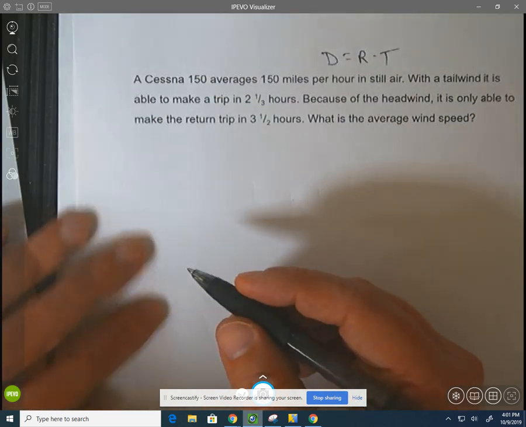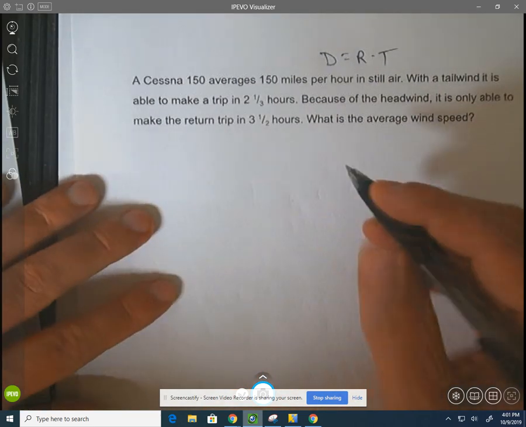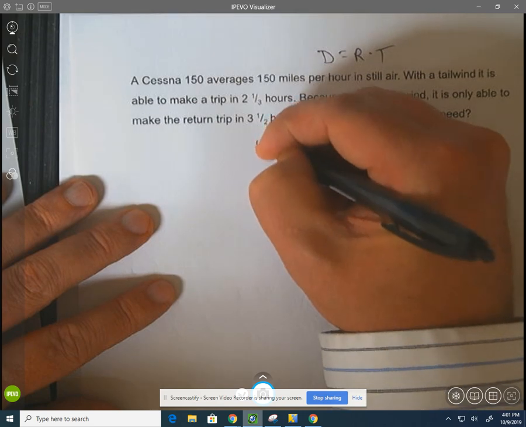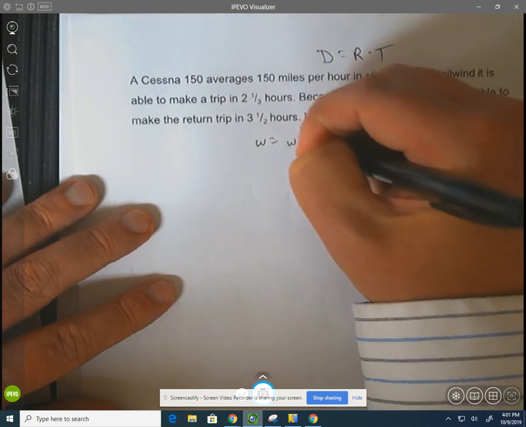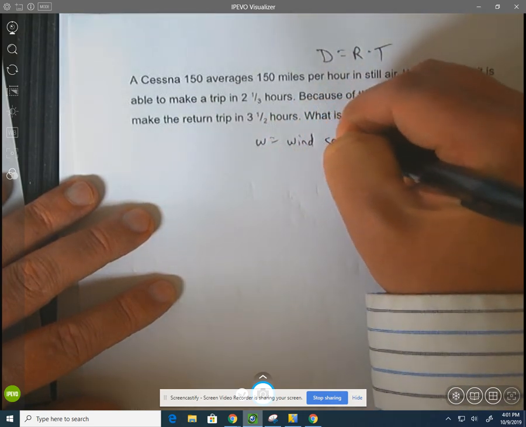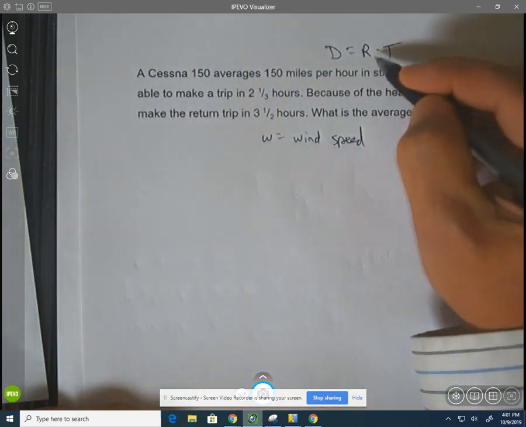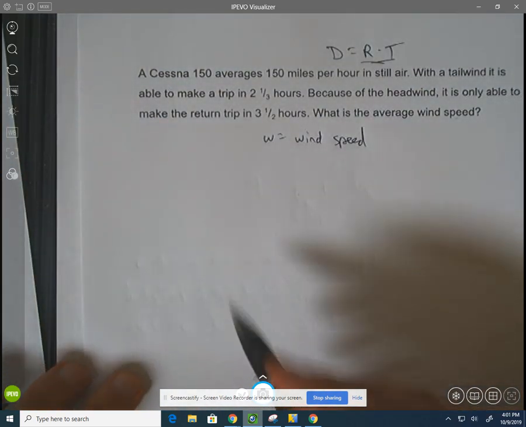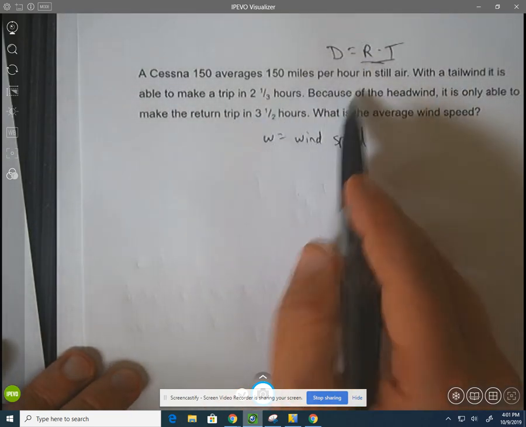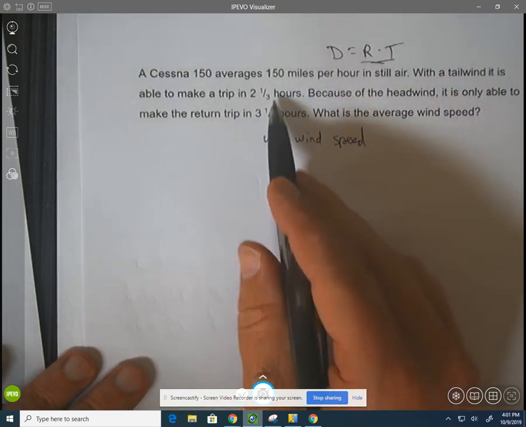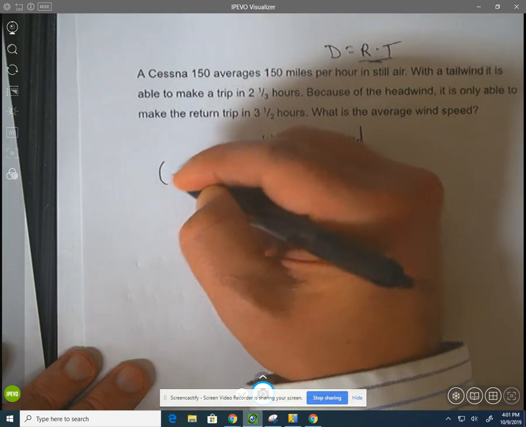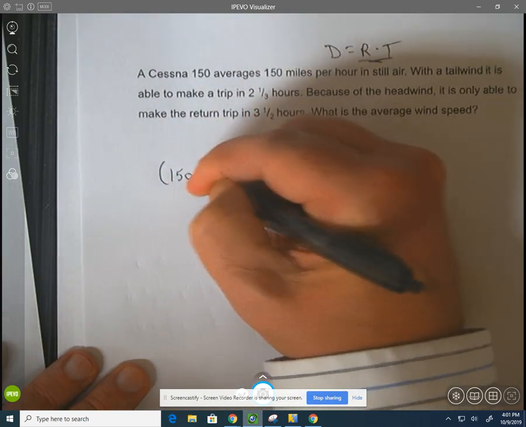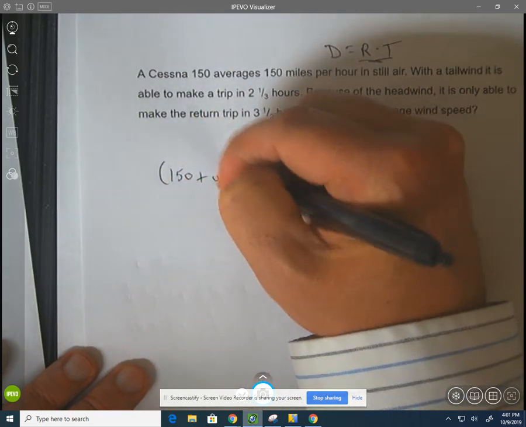So let's look. Now again, the thing I don't know is the average wind speed, so I'm going to call that W. I know rate times time is going to give me distance. So let's look at this trip with the tailwind. The rate is the plane going by itself plus whatever the wind is pushing it.